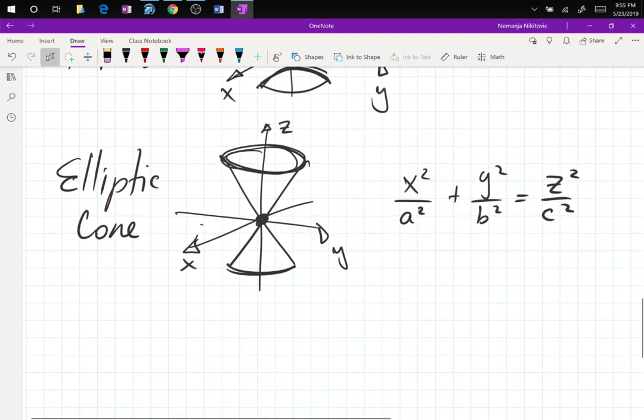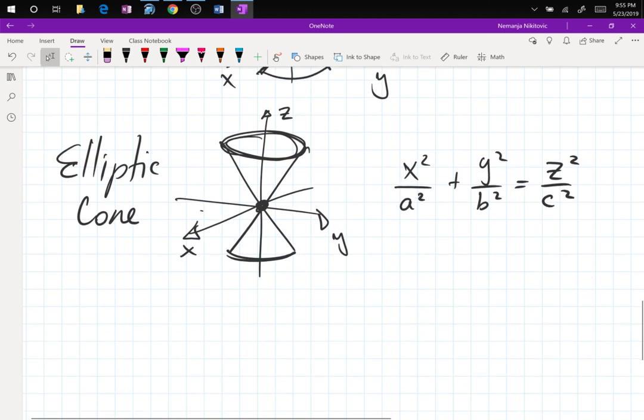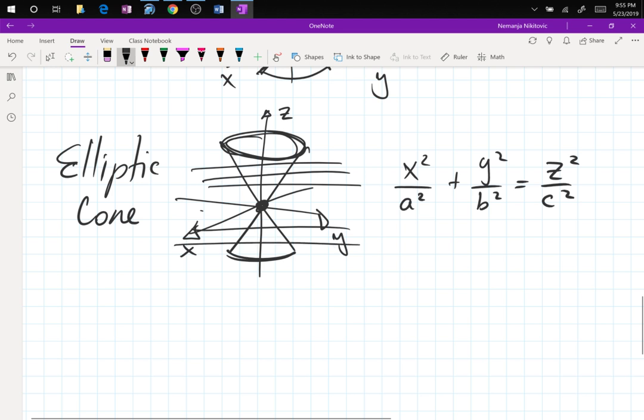So let's talk about the cone, then we'll come back to the hyperboloid of two sheets. So for the cone, if you cut with z equals a number, you get your ellipses. So any cut that is horizontal will create traces which are ellipses or circles depending on your a and b.